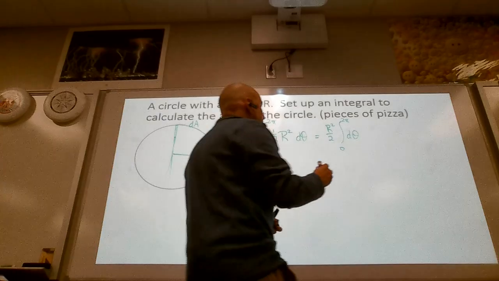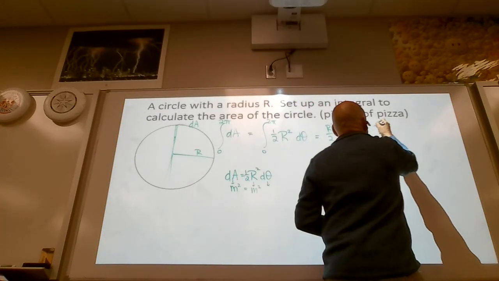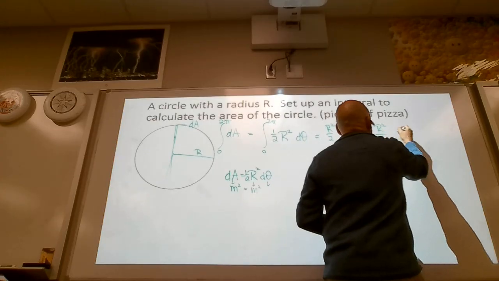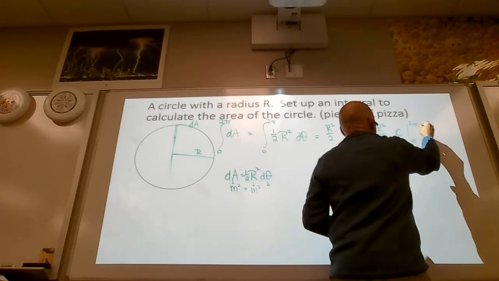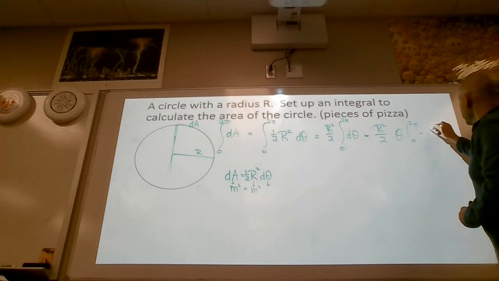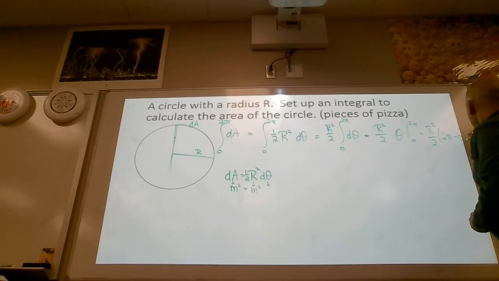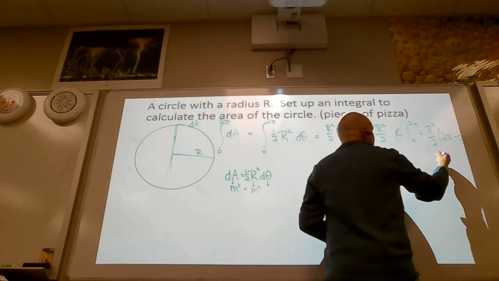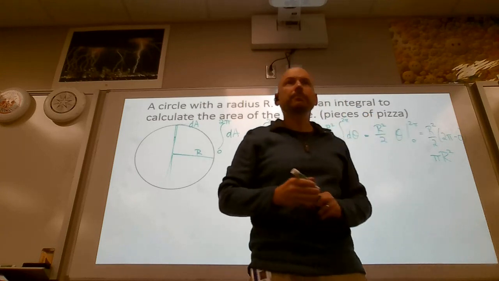Okay, we have to be there. So this ends up being theta from 0 to 2 pi. And what do we know? We end up with that.